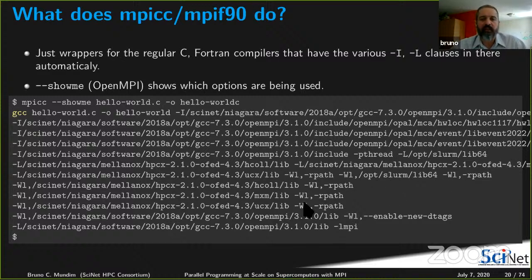So we don't want to be messing with this whenever we compile our code with MPI. This is very, very handy because it does this all for you. It wraps the compilation and the linkage for you, and then you don't need to worry about all these options, okay?